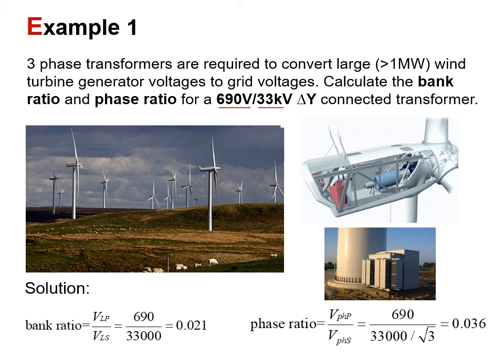The bank ratio is the line voltage primary, 690, over the line voltage secondary, 33,000, which is 0.021. Because this is not delta-delta or star-star, the bank ratio does not equal the phase ratio. The phase voltage on the primary is 690. Because the secondary is star connected, you have to divide 33,000 by square root 3, and you end up with a phase ratio of 0.036.